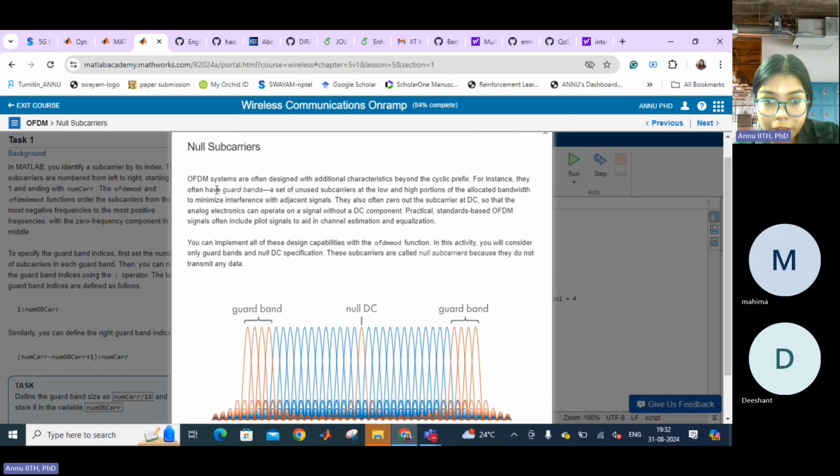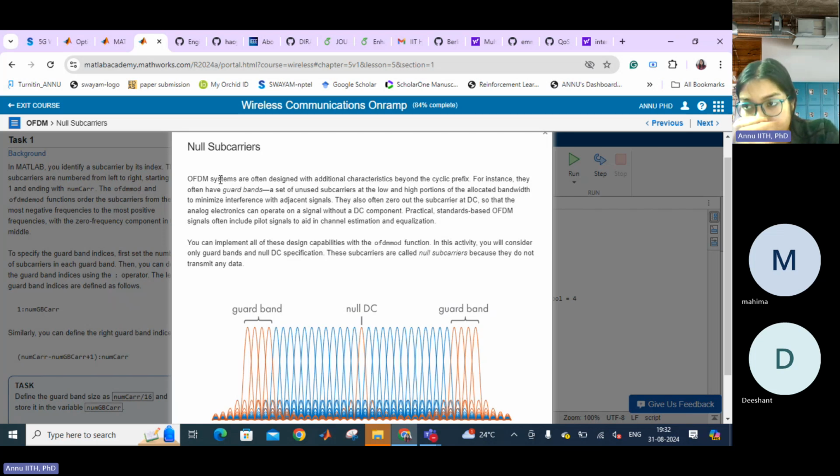So what I mean to say is, OFDM systems are often designed with additional characteristics beyond a cyclic prefix. There are some subcarriers that don't carry anything. They may act as a guard band, and they may null the DC. Basically we have some unused subcarriers at the low and high portions of the allocated bandwidth that minimize interference with adjacent signals.